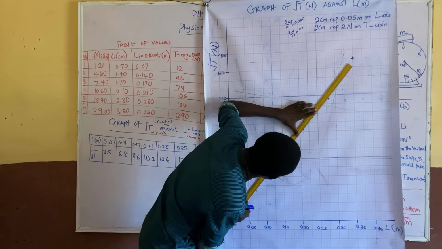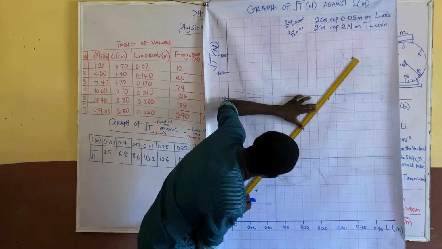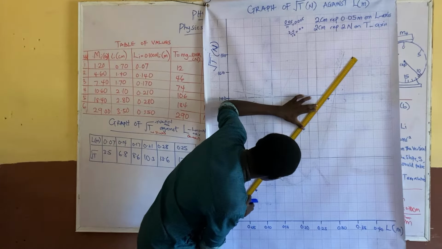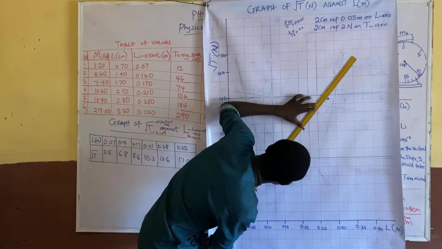So these 4 points, remember, should be such that we have one on the top, one on the down.